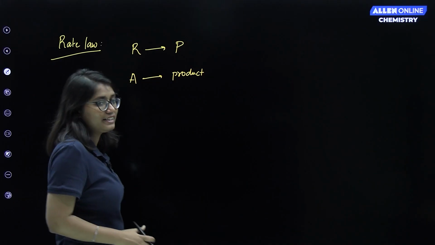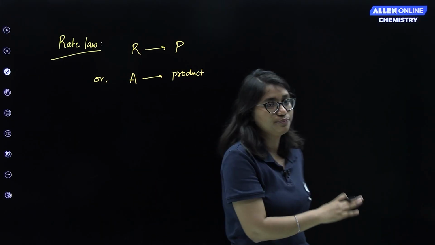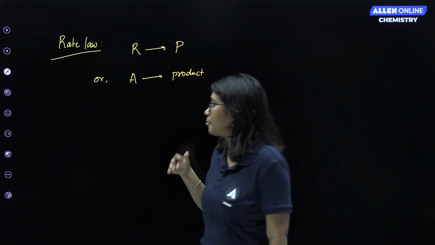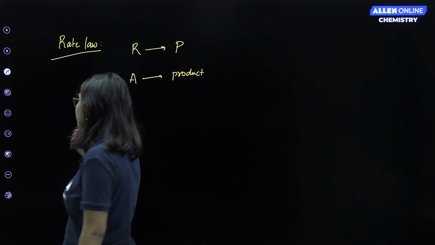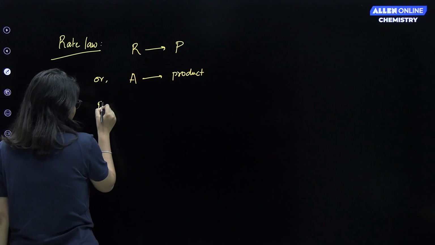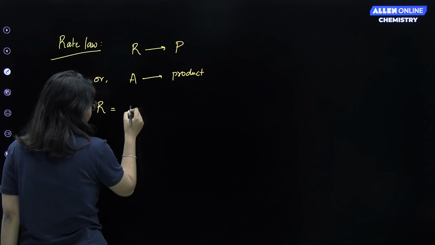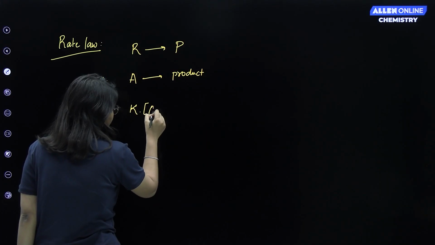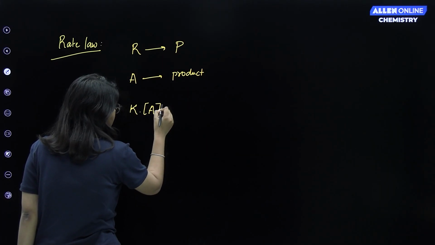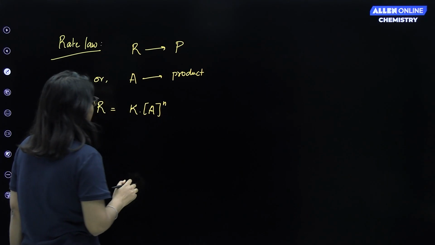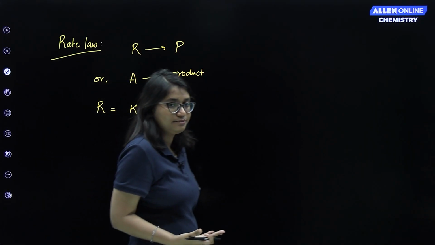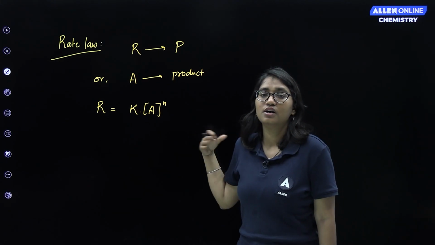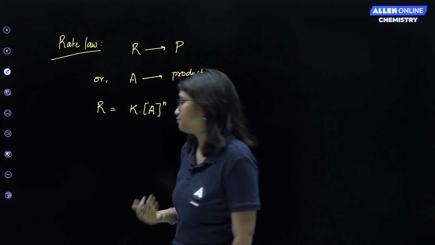So what we can say is rate is proportional to the concentration of reactant raised to some power. So how can we express this? Rate is equal to k[A]^n. Here k is the rate constant, [A] is the concentration of reactant, and n is the order of reaction.